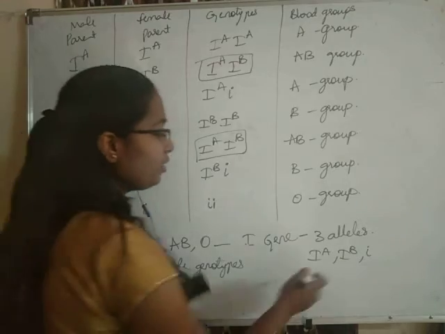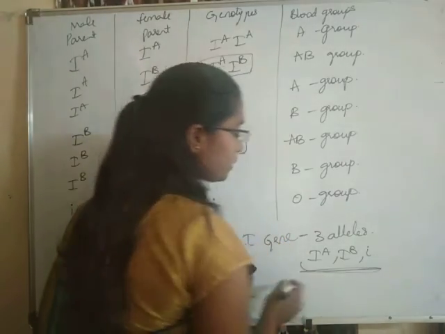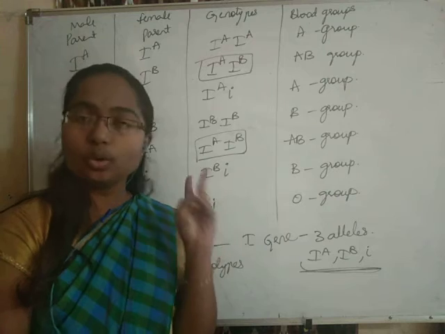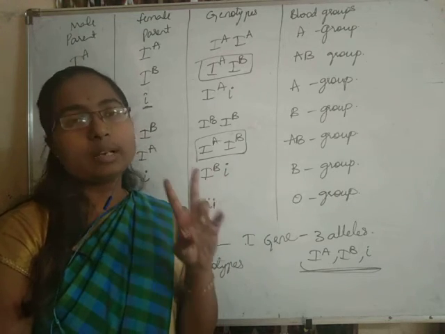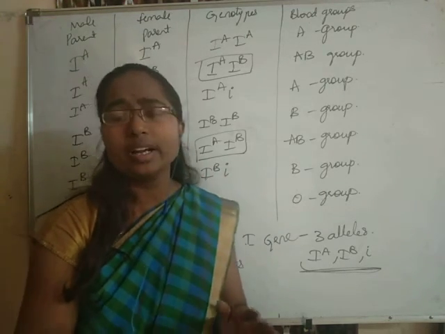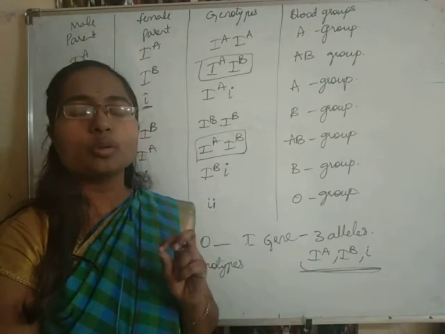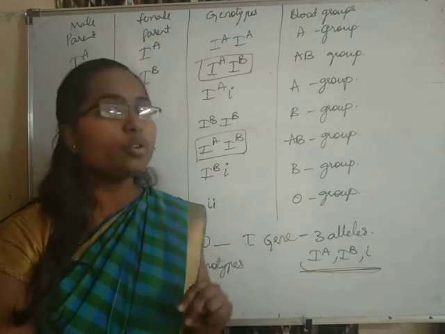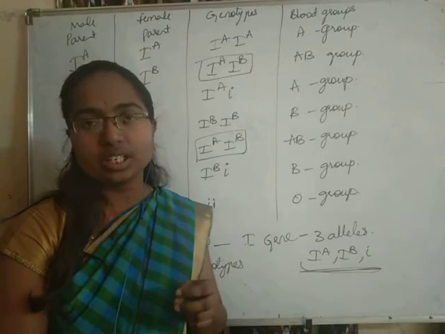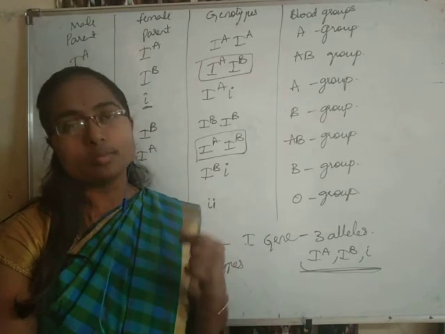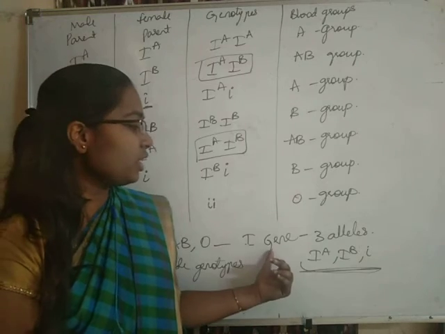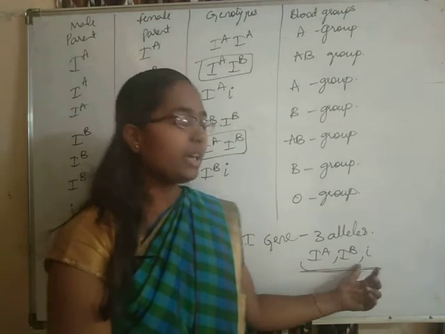But here there are 3 possible types of alleles. Right. So, there is only 1 gene which is existing in 2 forms. So, only 2 possible alleles can exist in any one individual, because we are diploid, we have only 2 sets of chromosomes. Any gene will exist in only 2 forms in a person's body. But this I gene is having 3 alleles, IA, IB and small i.